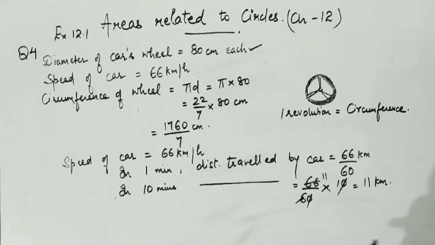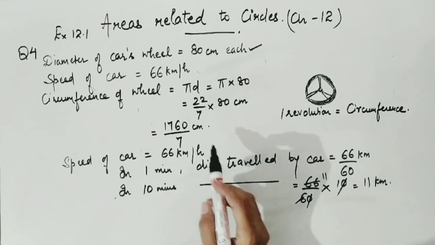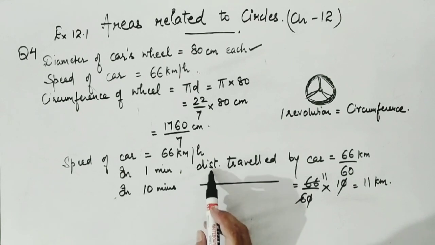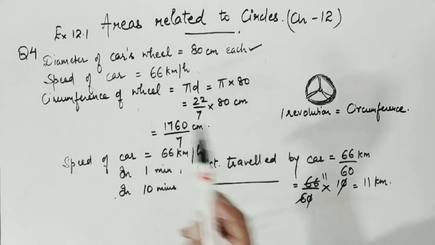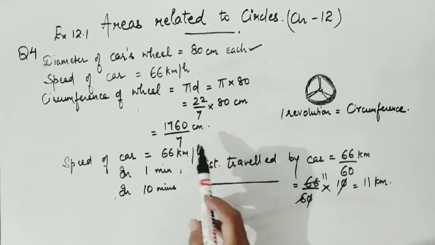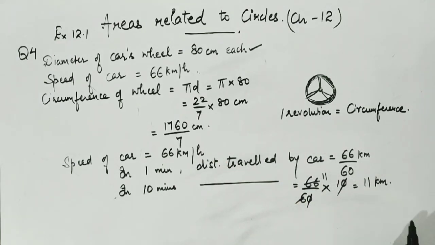Now observe this very carefully. The distance traveled and the circumference of the wheel, when you divide both, you would get the number of revolutions.